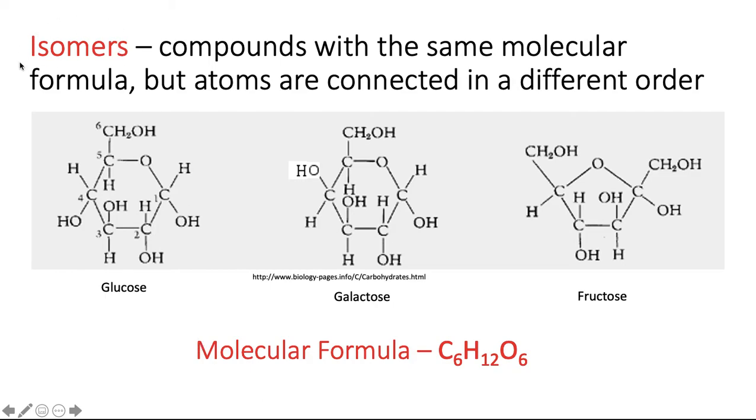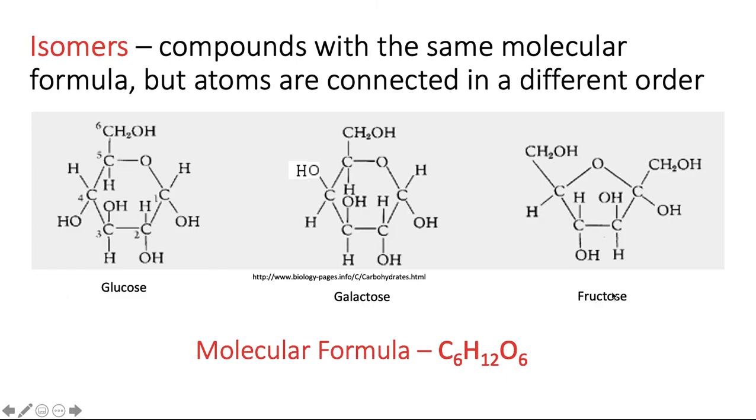So the definition of isomers is that they're compounds that have the same molecular formula, meaning they have the same type of atoms, the same number of each atom, the same ratios between each atom, but these atoms are connected three-dimensionally in a different order.